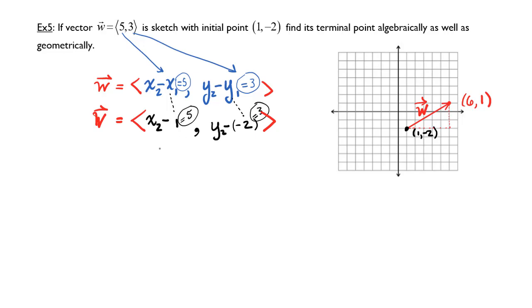This means that if I want to find x sub 2, that will be 5 plus 1, bringing that -1 over. And if I want to find y sub 2, I'll write it out, y sub 2 minus -2 equals 3, which means I'm going to subtract 2 from both sides. That gives me y sub 2 equals 1. So my terminal point algebraically is the point 6, 1.